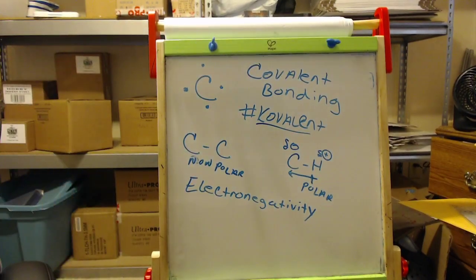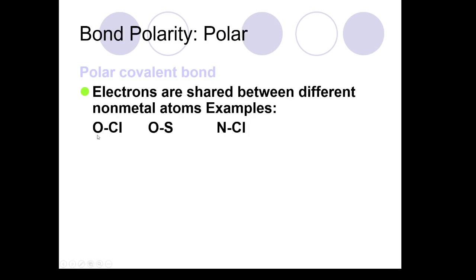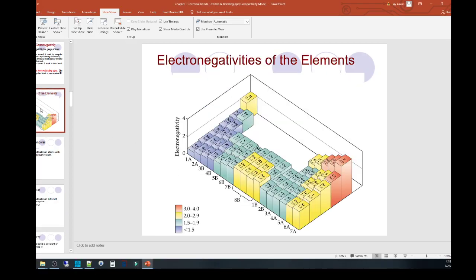Okay. So if we go back to our slides, in our case here, chlorine and oxygen, or oxygen and sulfur, or nitrogen and chlorine, and we look, okay, oxygen versus chlorine. Oxygen's 3.5, chlorine's a 3.